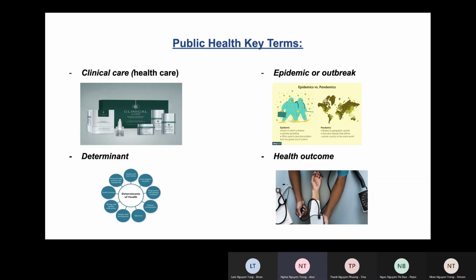Next one is the determinant: factors that contribute to the generation of a trait. An epidemic or outbreak is the occurrence in communities or regions of cases of illness, specific health-related behavior, or other health-related events in excess of normal expectancy.